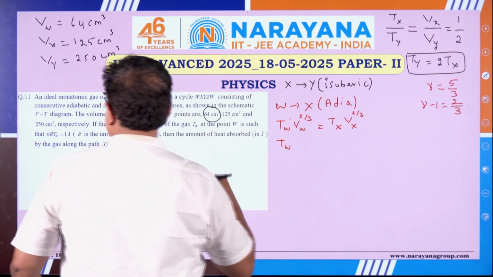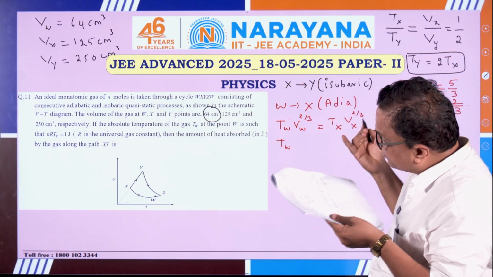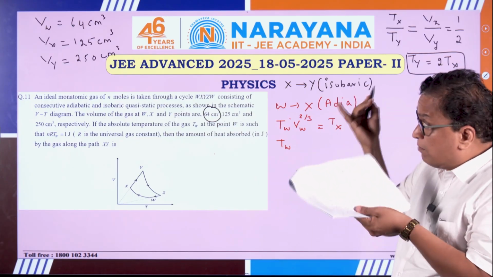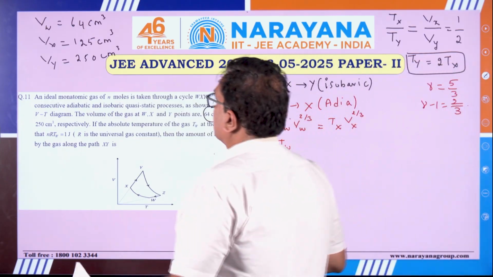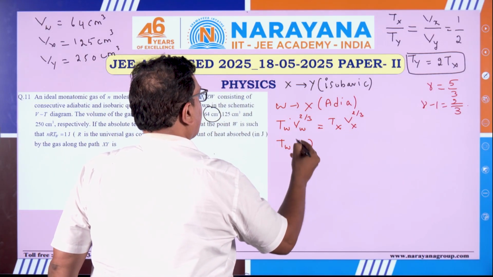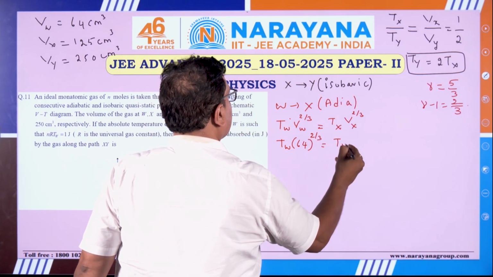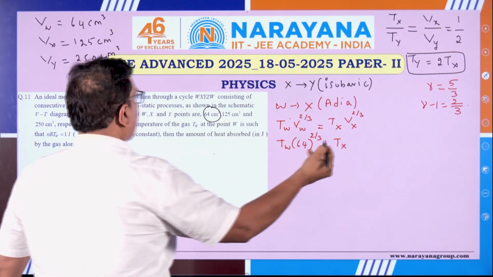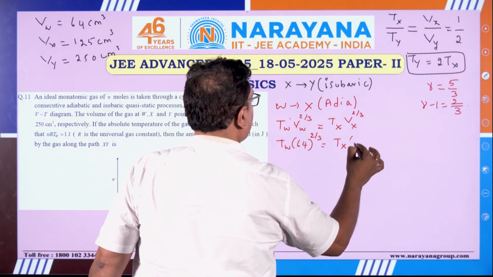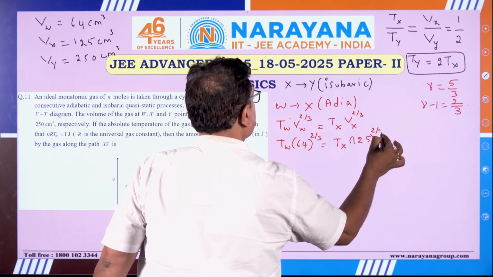Tw. Why am I fascinated with these numbers? Because I have numbers Vw, Vx. I have numbers. I need to make use of that. 64 to the power of 2/3 is equal to Tx over 125 to the power of 2 by 3.